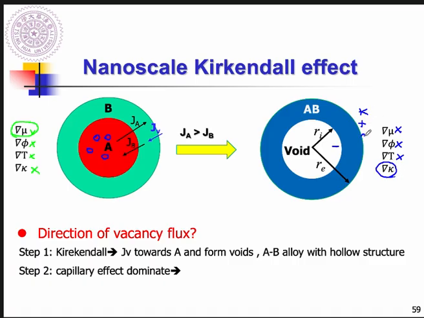The atoms in the high surface potential region, which means the convex region, have a higher surface potential, and they will move to somewhere with lower surface potential, usually the concave region. So this is the atomic point of view.